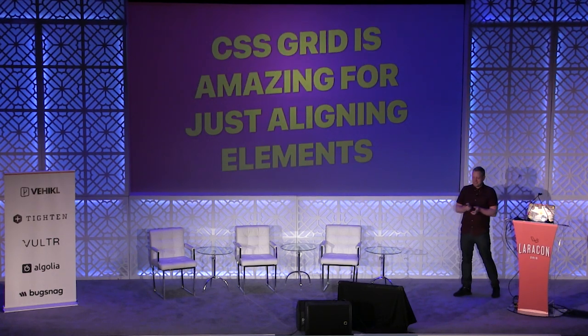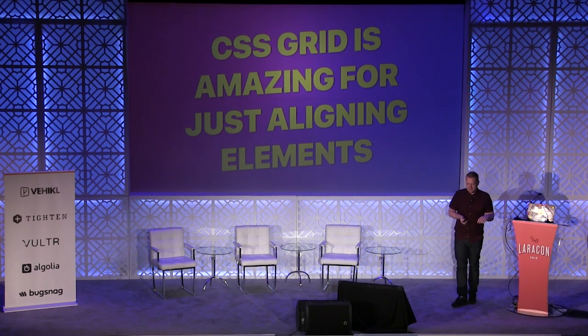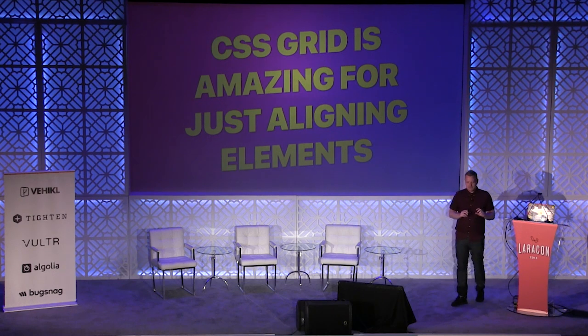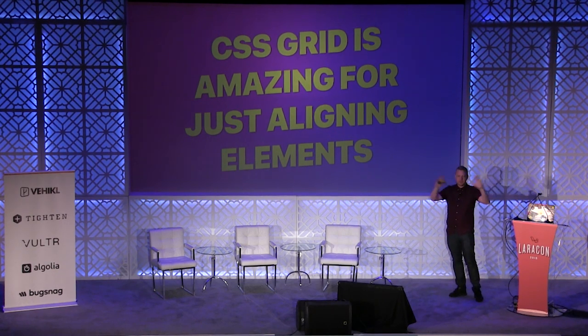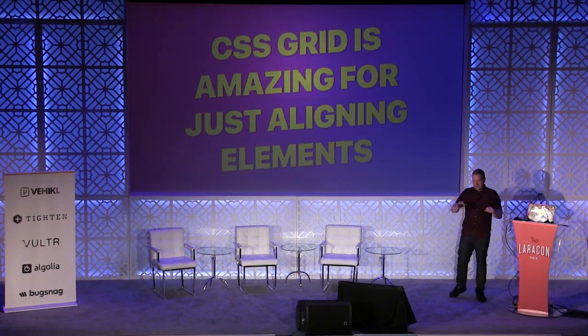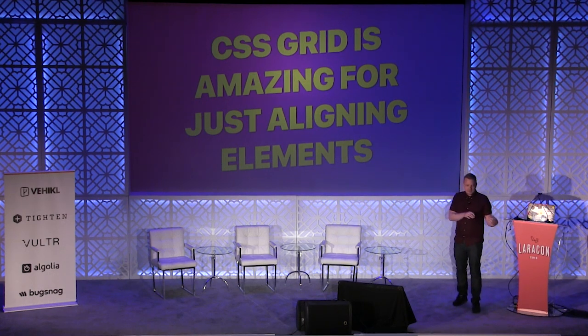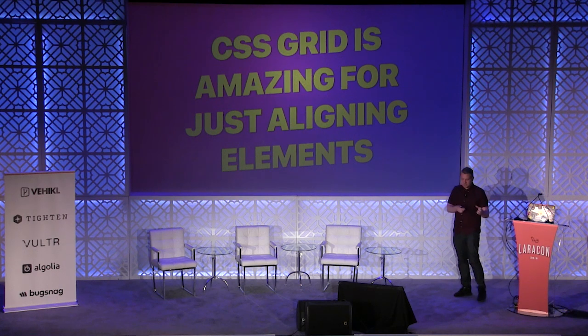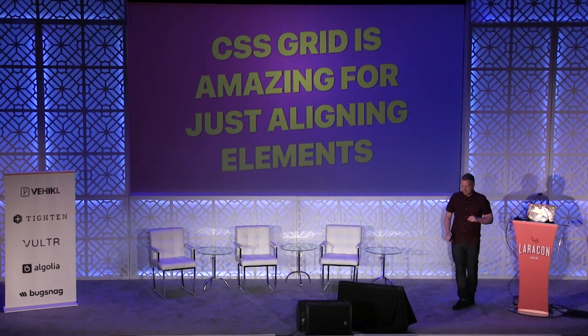CSS Grid is amazing if you just use it for aligning elements inside of it, not even thinking about dicing it up into columns and rows. Maybe you have a header of a little widget or a couple buttons on the bottom of a video player. These are great use cases for aligning when you have lots of little finicky things.